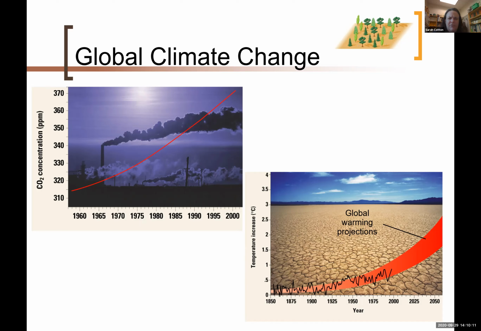I find it incredibly frustrating when I engage with people who don't see the big picture and don't trust the science that has been done to look at how the climate is changing, and instead choose to say things like, well, it snowed. We had the worst snowstorm we've had in years.